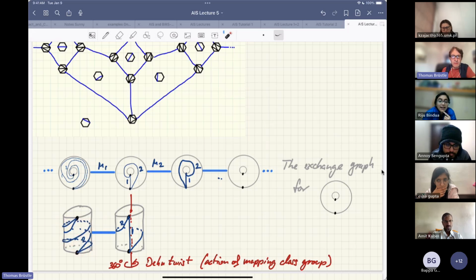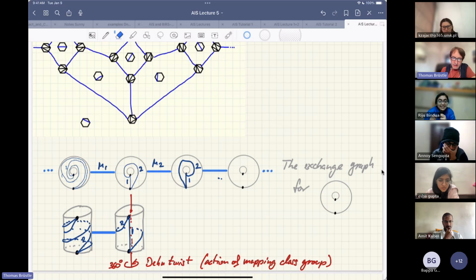If I go twice around, this is not homotopic to going once around, because I need to fix the endpoints. Whatever I do with my homotopy, the winding number going around the cylinder 0, 1 or 2 times in that direction cannot be changed under homotopy. So this is really what I need to keep track of.